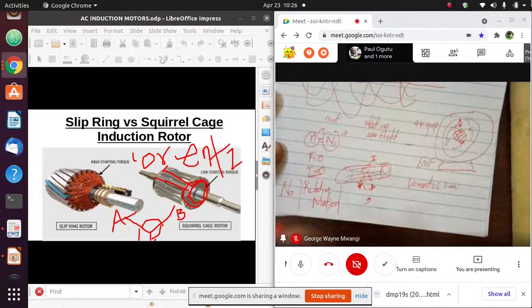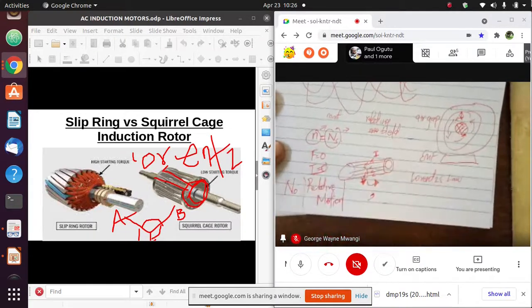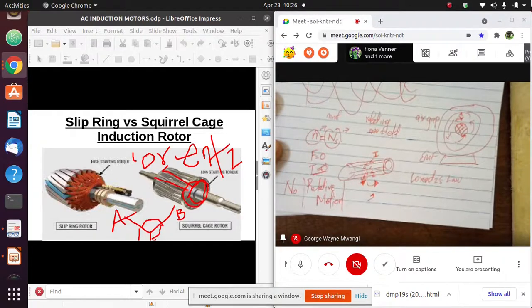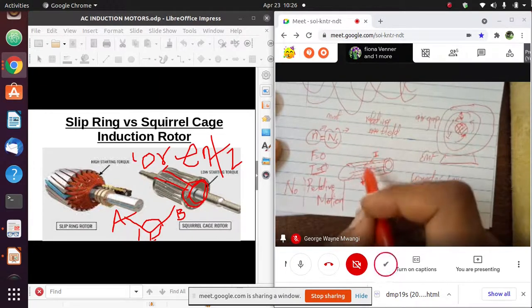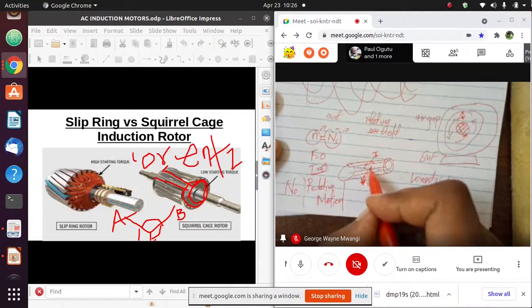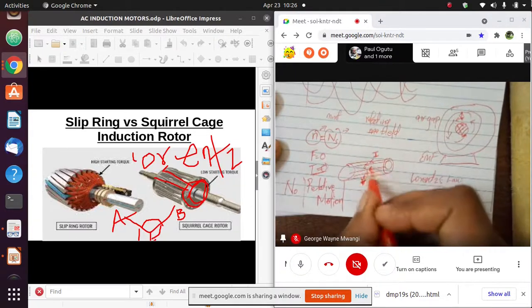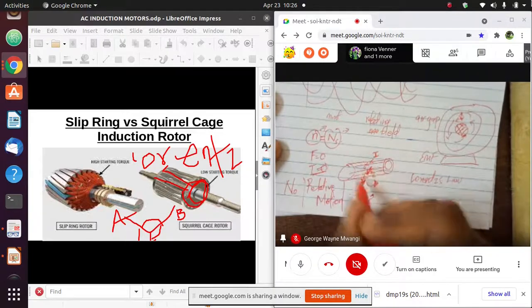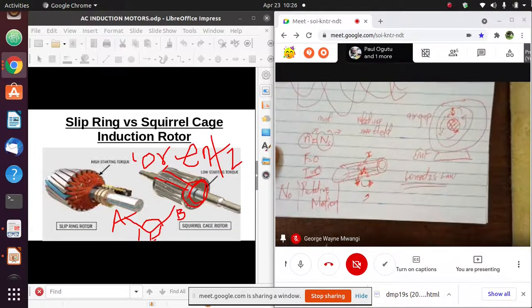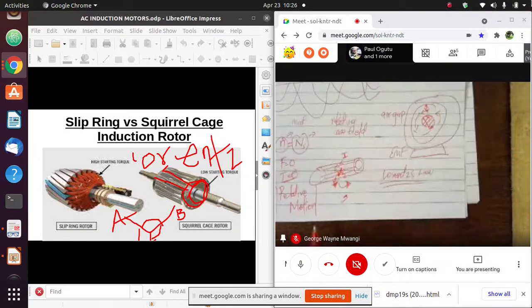So once that relative motion is attained again, the stator field is able to induce voltage in the conductors, the rotor windings, and now the induced voltage produces current, and that current enables the conductors to experience a force, which enables the rotor to rotate by the principle of Lorentz law.